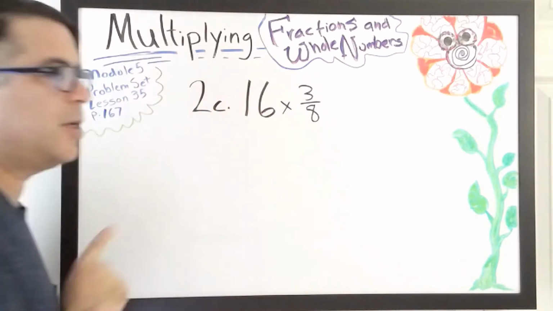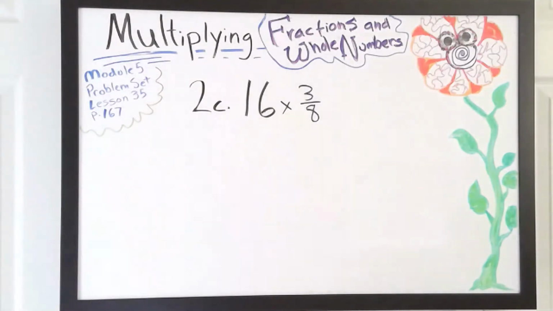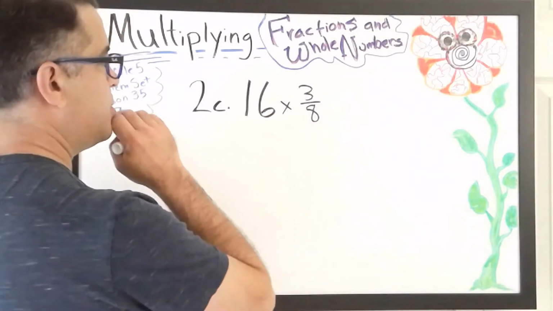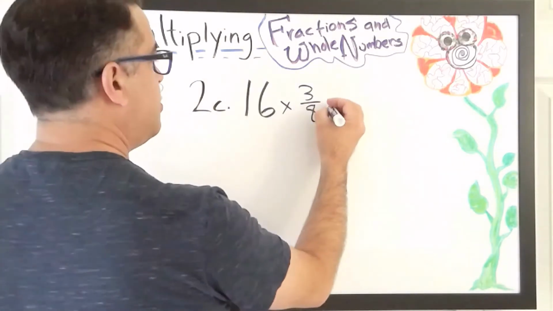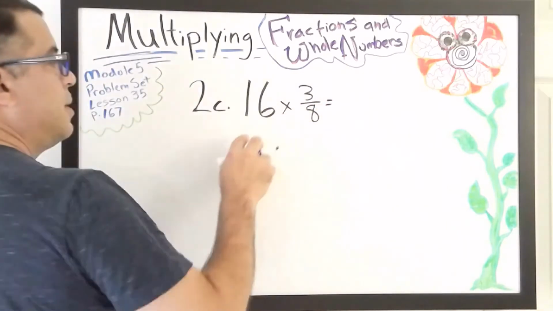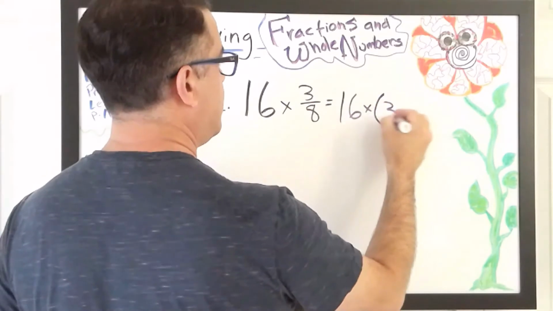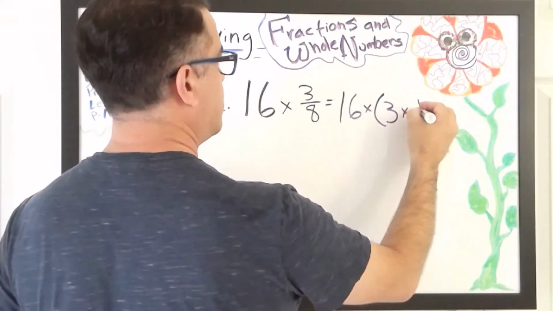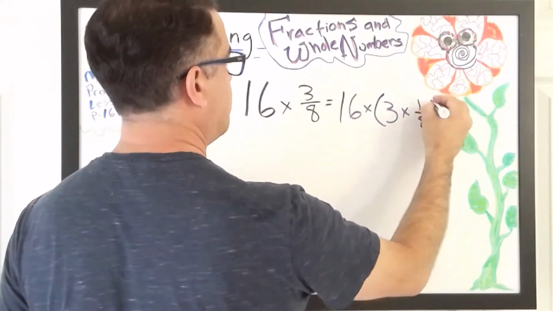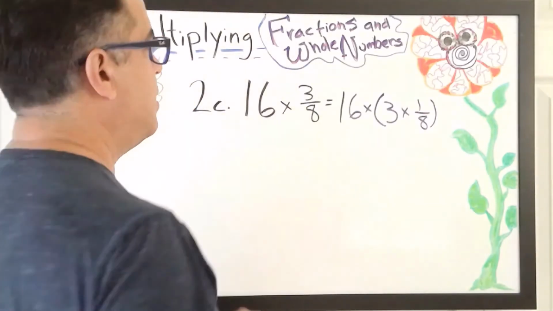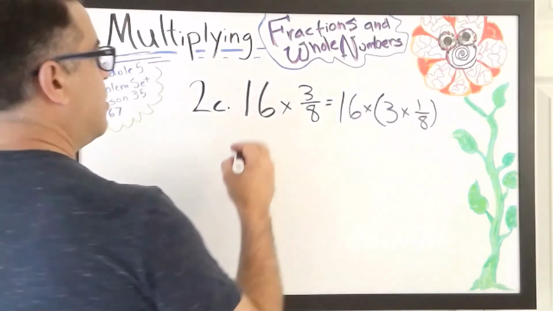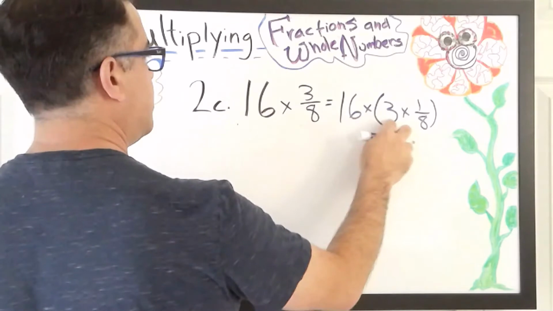Or we can go ahead and solve like they want us to. So let's follow along. 16 times 3/8. What they want to do next here is say that this is actually 16 times 3 times 1/8. Okay? And then we would pull that out. We would take this number out of here.